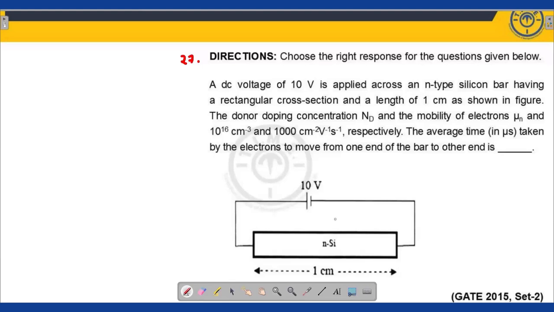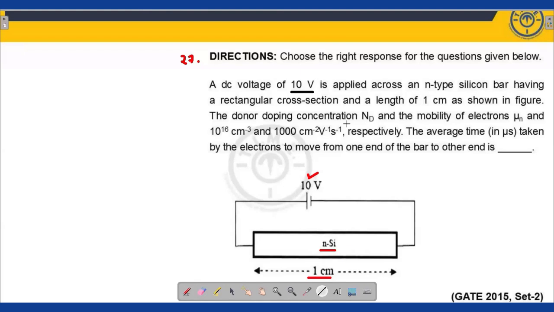See here, a DC voltage of 10 volts is applied to an N-type silicon bar of rectangular cross section, of length 1 centimeter as shown in the figure.